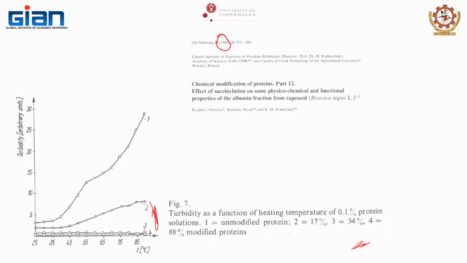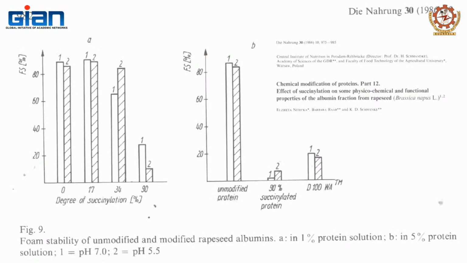It is not actually creating good gelation properties after doing the succinylation. I read a lot of papers that show, oh, you do succinylation, you get a better gelation and so on. This paper shows it does not do a good gelation. And in the same paper, they also show that foaming properties are compromised. I really enjoyed reading this paper because they openly tell it is not necessarily good, it might be super bad, right.